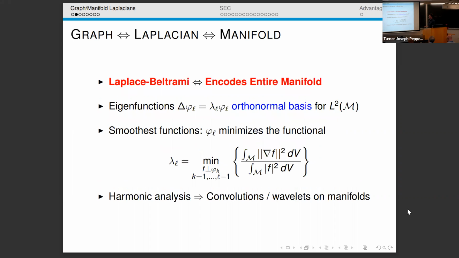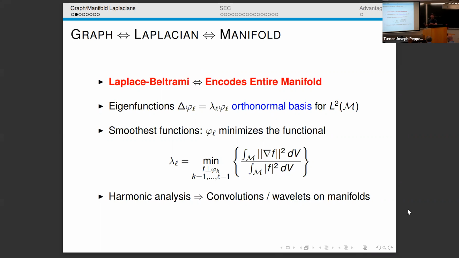So we have sort of harmonic analysis on all these graphs, and in the same way, with this analog in the continuous world, you have the Laplace-Beltrami operator, which, as I mentioned, because it encodes the Riemannian metric, encodes all the geometry of the manifold. So in a sense, the Laplace-Beltrami operator tells you everything about the manifold.